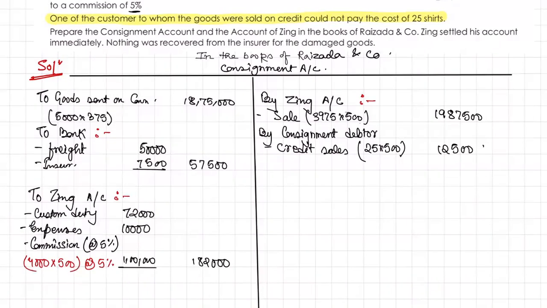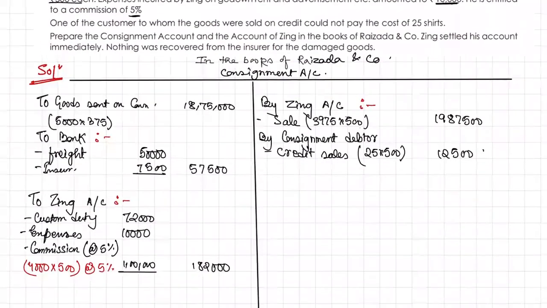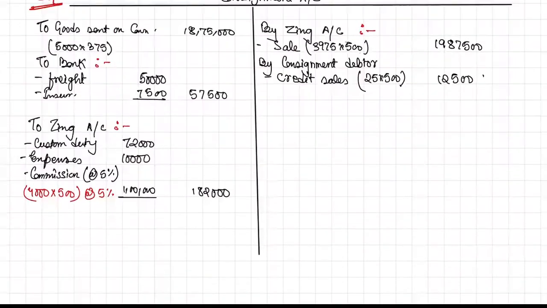Now there is some treatment of loss and unsold stock as well. Why? 5,000 shirts were sent, 500 were destroyed, 4,000 were sold. That means 500 shirts are still left in the stock. One more thing. This 25 credit sale failed, so it will be bad debt.